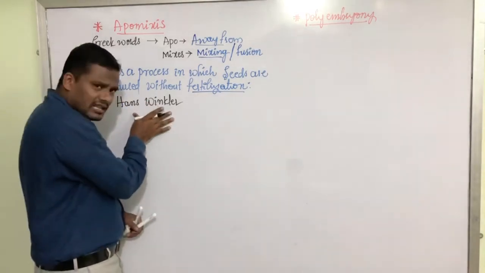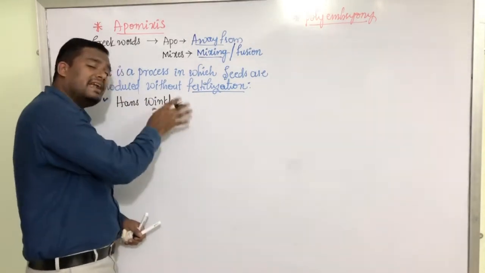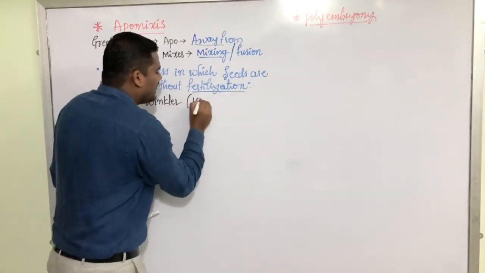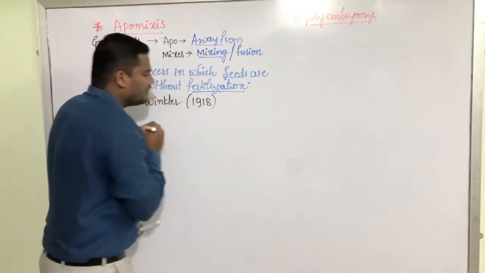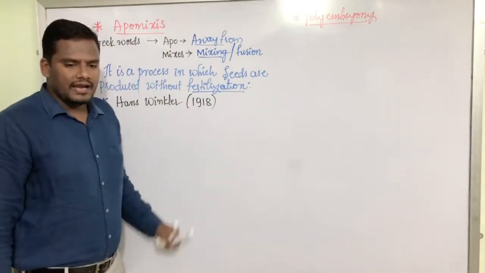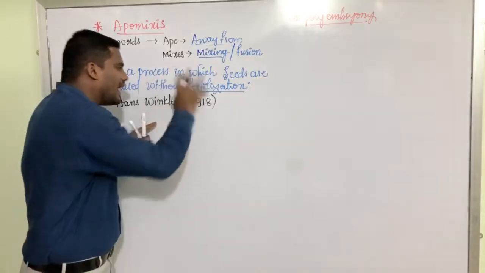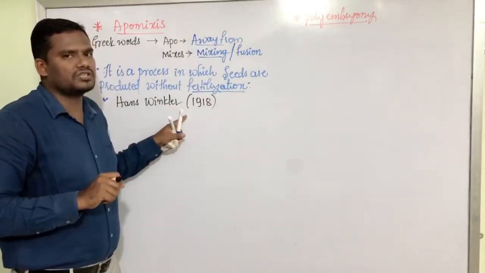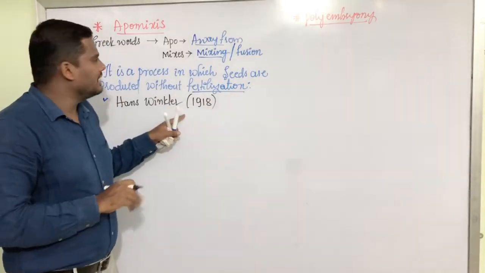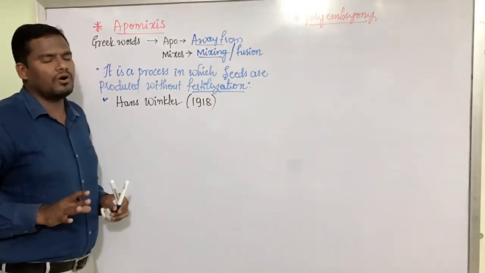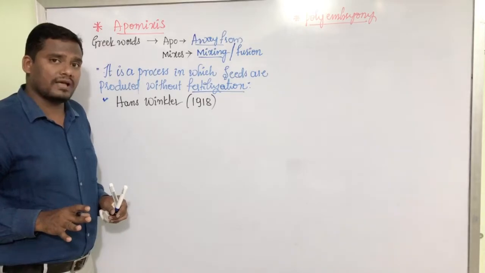He discovered the apomixis phenomenon and described it in the year 1918. He observed apomixis for the first time. This is about apomixis. The definition is very, very important for competitive exams as well as for board examinations.